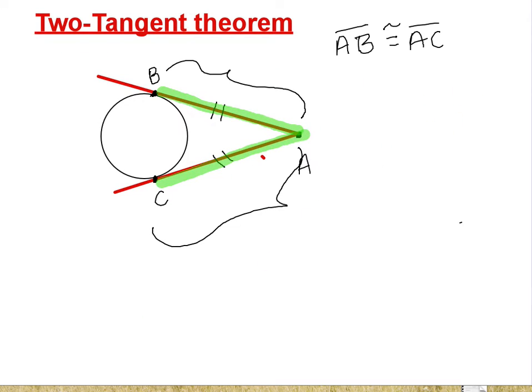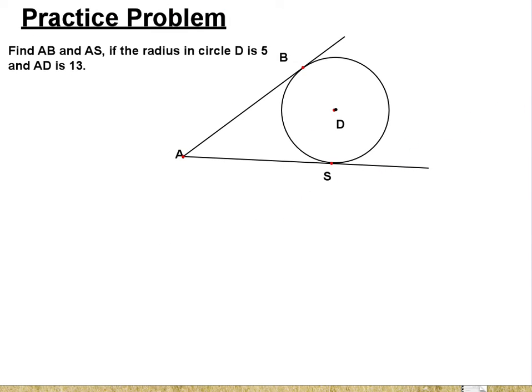Let's do a practice problem where we have to apply this knowledge. So here's a practice problem. It says, find AB and AS if the radius in the circle is 5 and if AD is 13. So if you look at the picture, I'm going to have to construct a few things. Actually, there should have been more information in the given.